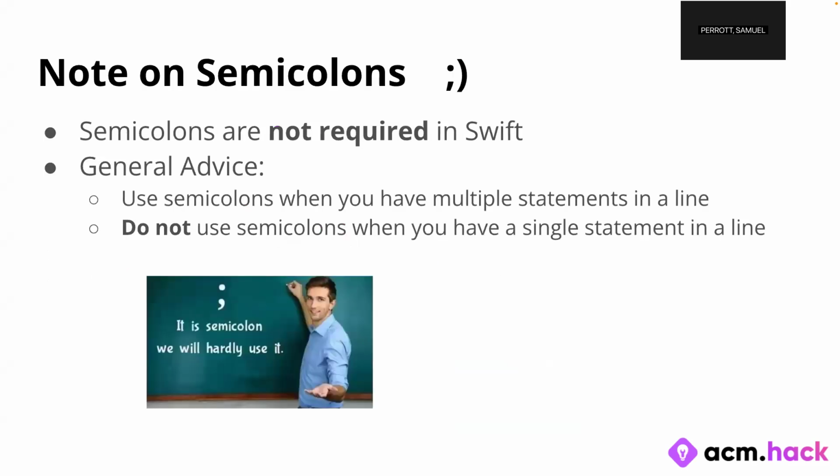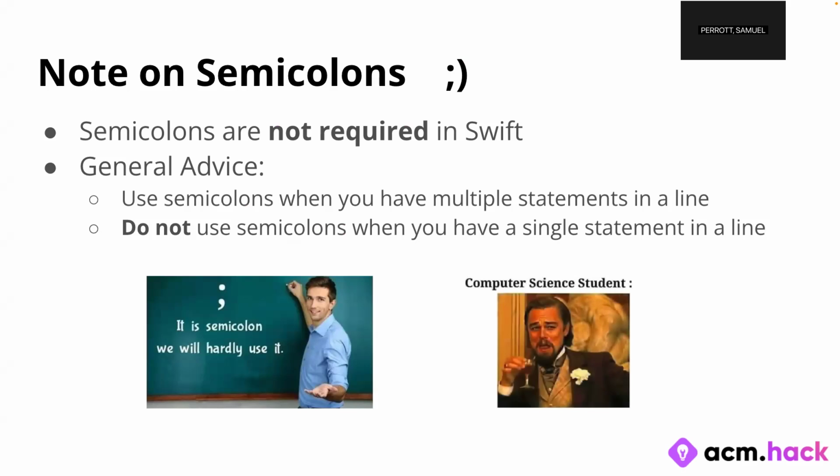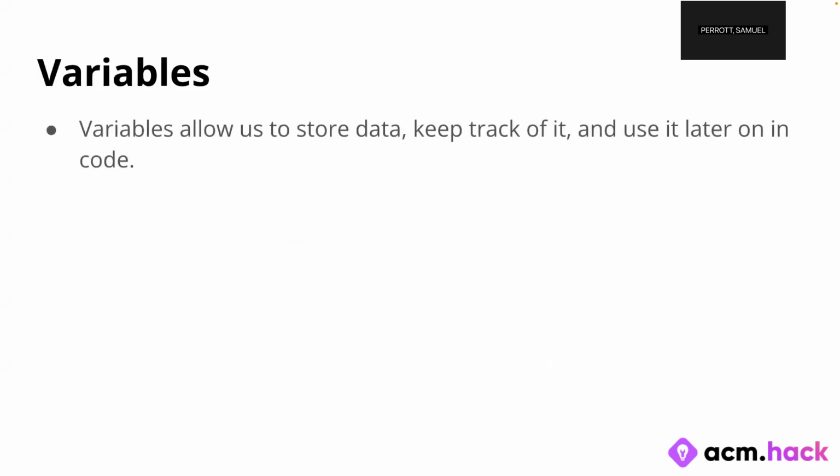Also, there are no semicolons, so that's even better. My general advice is just don't use semicolons at all. You don't need to put multiple statements on a line, but there's no need to use semicolons in Swift, which is great.